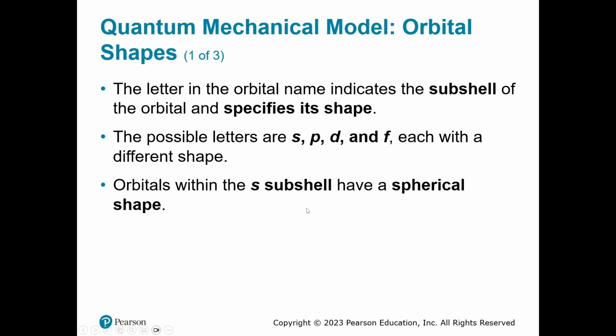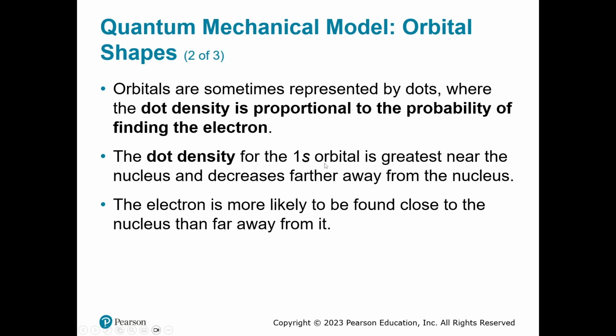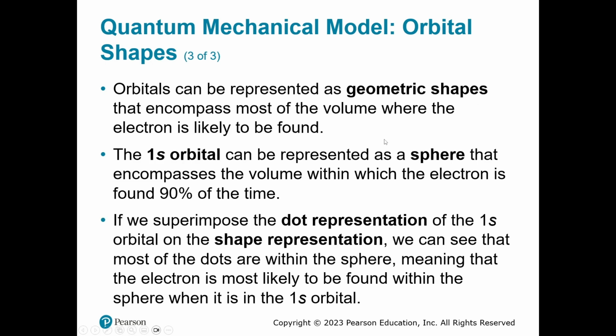So the s orbital is spherical, and we use these probability densities to figure out where we're likely to find an electron. We don't know exactly where the electron is, and we can just show a general mapping of where an electron may or may not be at any given point in time with a certain level of confidence.